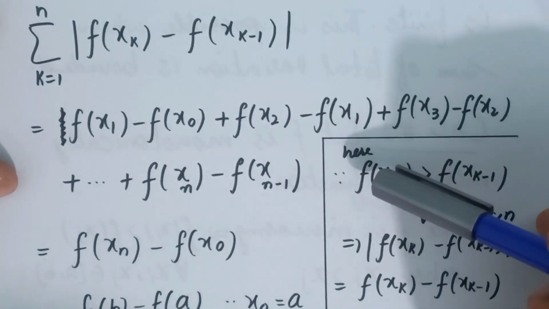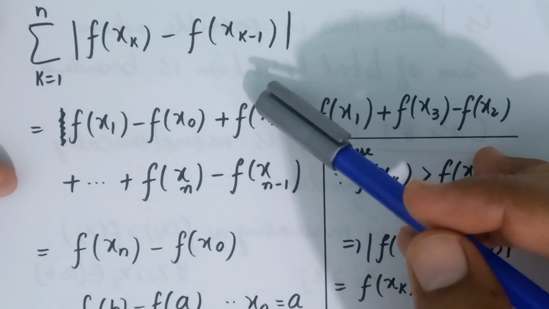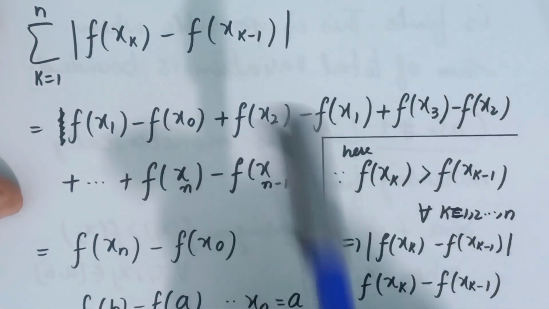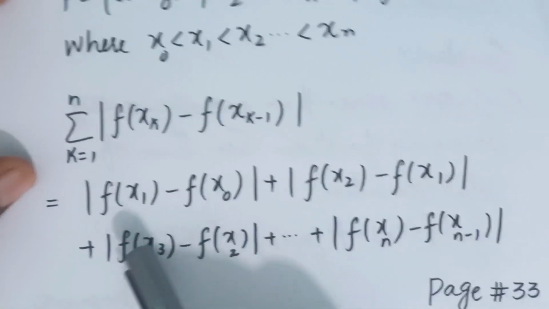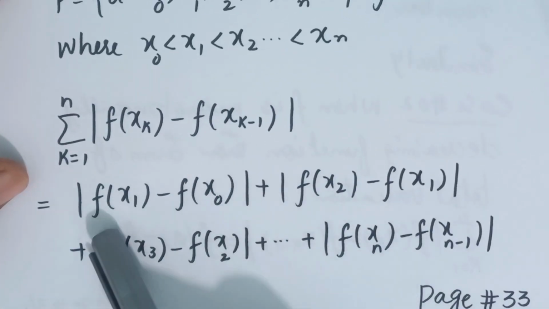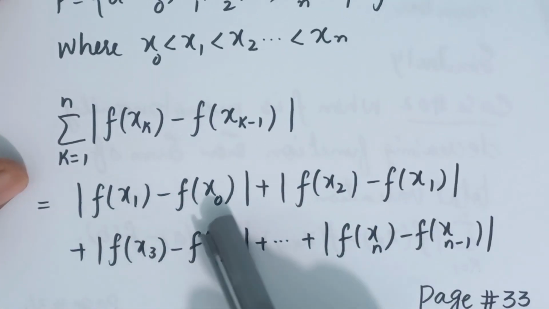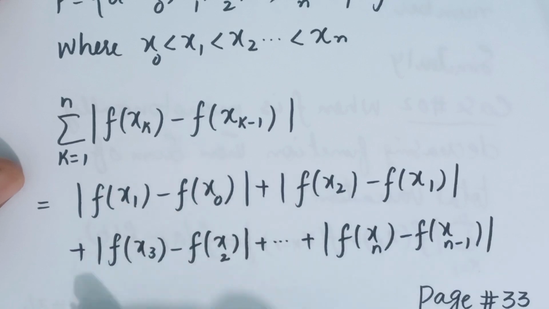So next our target is to show that this sum is bounded. As in the last expression, there is an absolute sign over each difference. Every difference has an absolute sign.